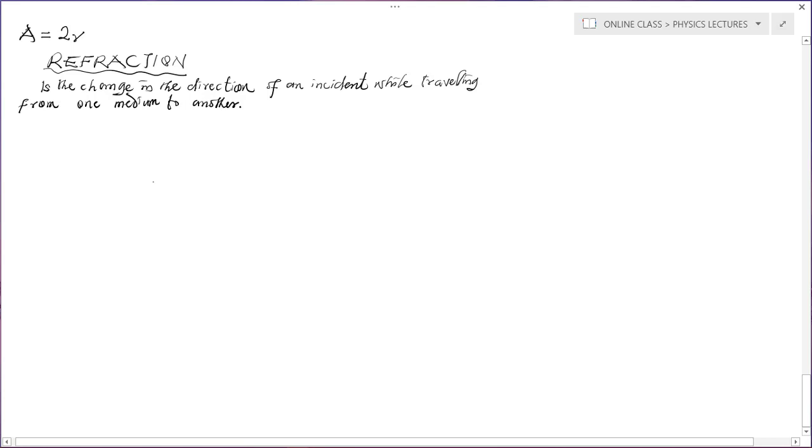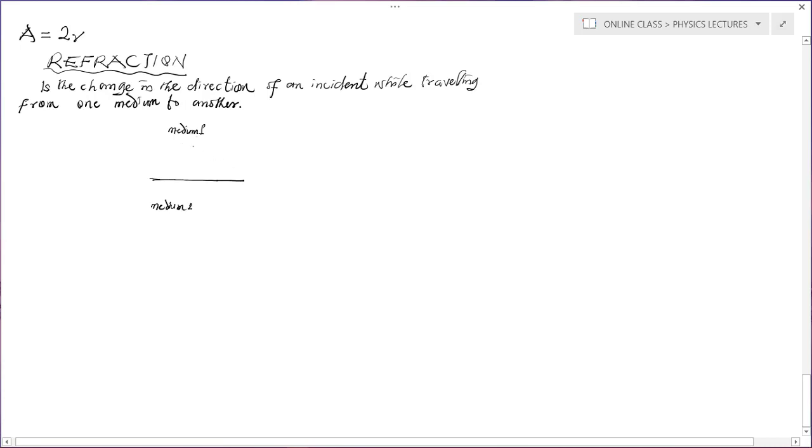When you have this, it means that, let's say here is a boundary between two mediums. Upper part here, this side is medium 1. Here is medium 2, the lower part.